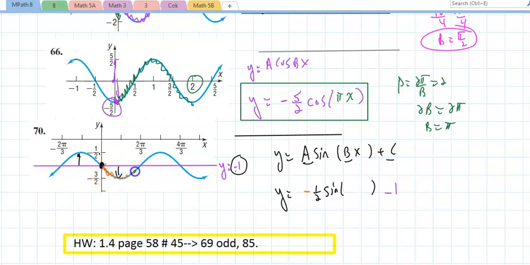And one full cycle is actually 4 pi over 3. 2 pi divided by b is 4 pi over 3. Cross multiply. And if you divide by 4 pi, you get 6 pi over 4 pi. The pi's cancel out. That is 3/2 x. And there's the rest of your homework for this section, and that concludes this section.